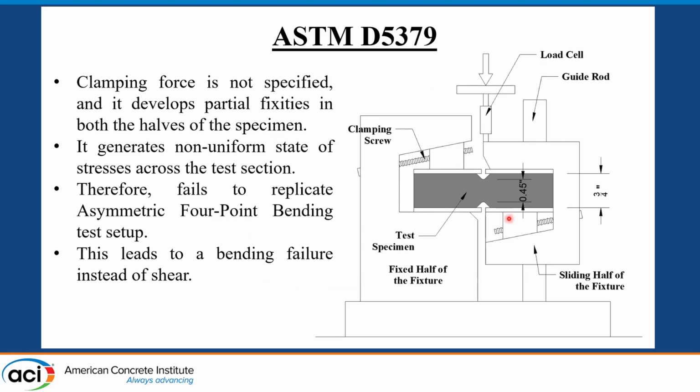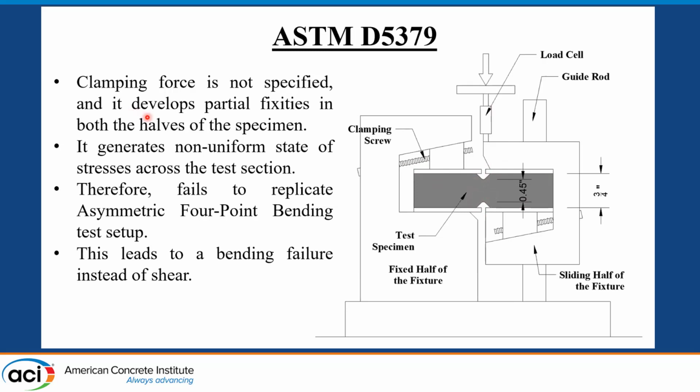The right half is free to slide vertically, and the left one is fixed. So you apply a load on the one that is sliding, and that is supposed to generate a pure shear or shear dominant stress state in the central notched region of the specimen.